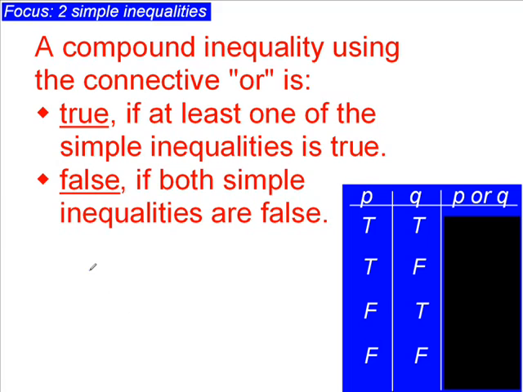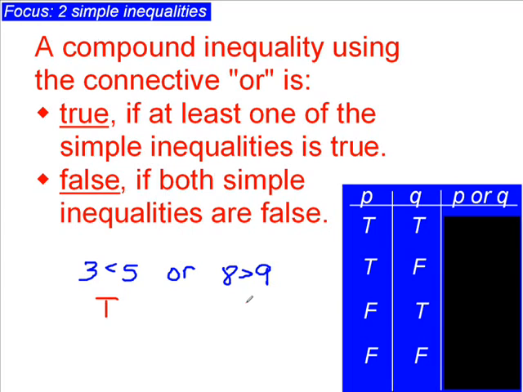So for example, if we had a compound inequality like 3 is less than 5 or 8 is greater than 9, and we were asked to classify it as true or false, we would look first at the initial simple inequality, 3 is less than 5, which of course is true.